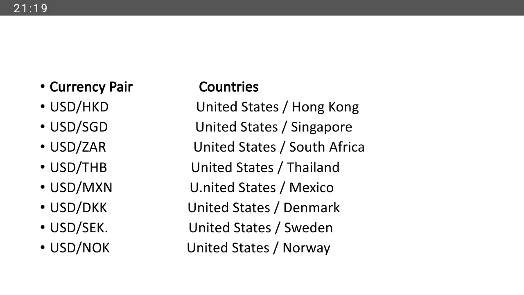US dollar, THB. That's US dollar, Thailand. US dollar, MXN. United States, Mexico. US dollar, DKK. United States, Denmark. US dollar, SEK. That's United States, Sweden. US dollar, NOK. United States, Norway. So those are exotic pairs.